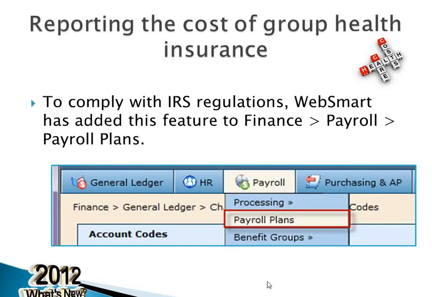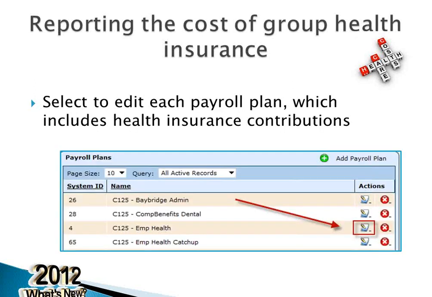To go on to the next slide, we'll talk about where it is in WebSmart. To comply with IRS regulations, WebSmart has added this feature to finance, payroll, and payroll plans. What you'll want to do is select to edit each payroll plan, which includes the health insurance contributions, by simply clicking the edit icon underneath actions, as indicated here on the screenshot.